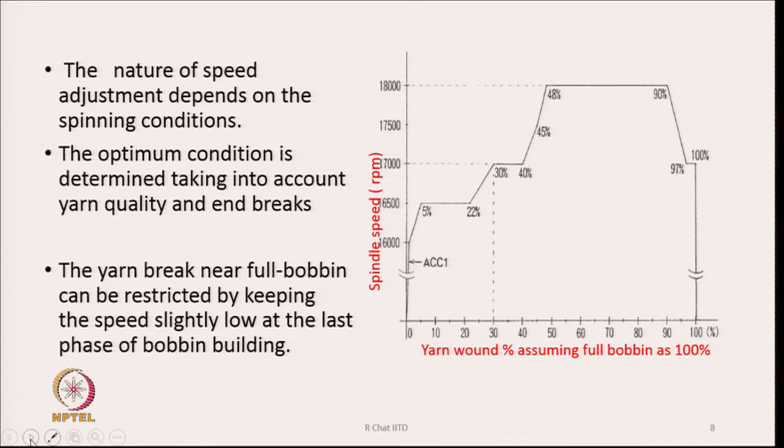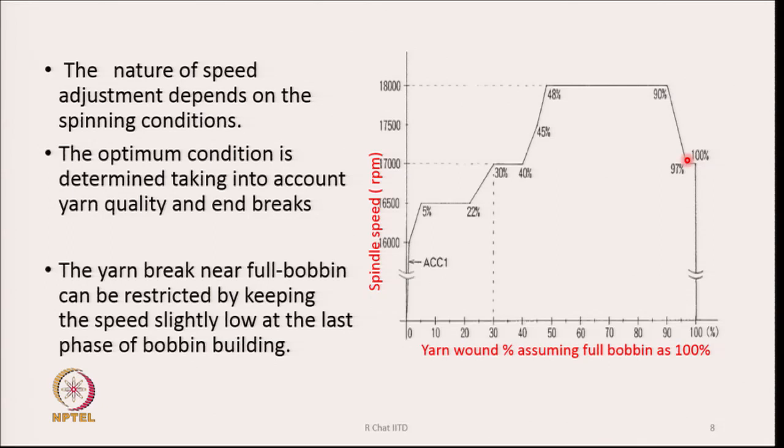The yarn breaks near full bobbin can be restricted by keeping the speed slightly low at the last phase of bobbin building. That is what has been shown here: we again reduce the speed when we have built 90% of the bobbin and then 97%. In this process the speed is reduced from, let us say, 18,000 to 17,000 rpm.